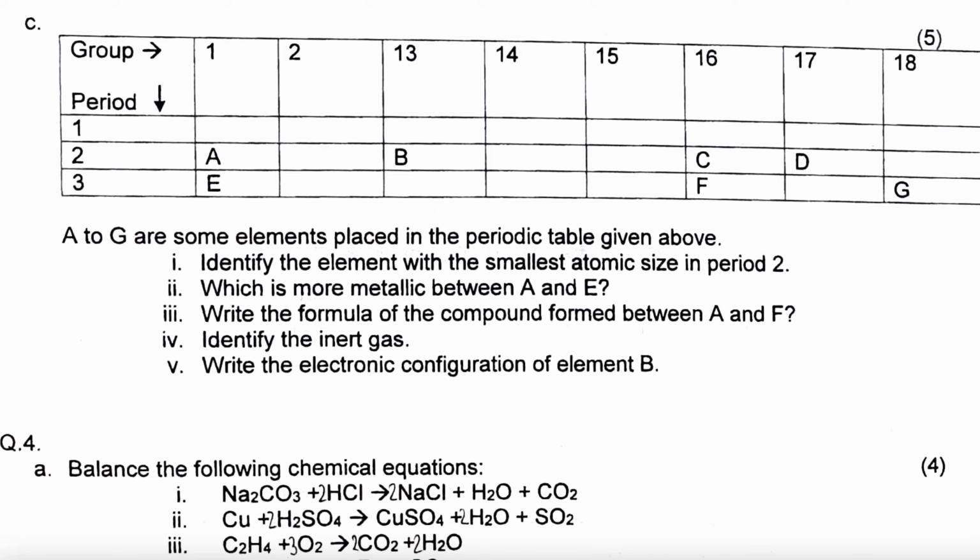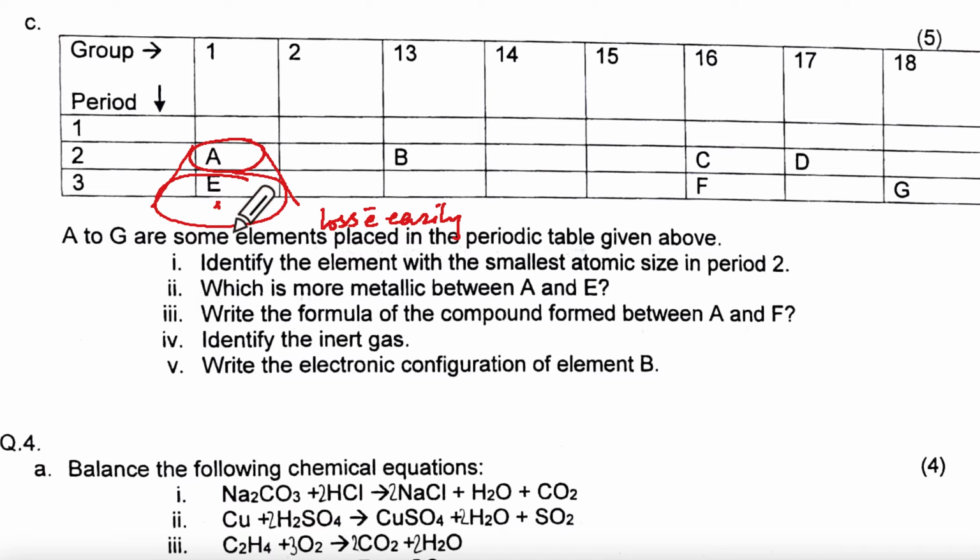Which is more metallic between A and E? Now A and E, the atomic size is going to be increasing. Now metallic means that it is going to become a metal easily, meaning it is going to lose electrons easily. Now, which of A and E can lose electrons more easily? The one that is not tightly bound.